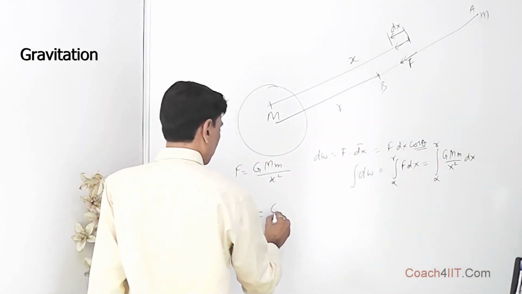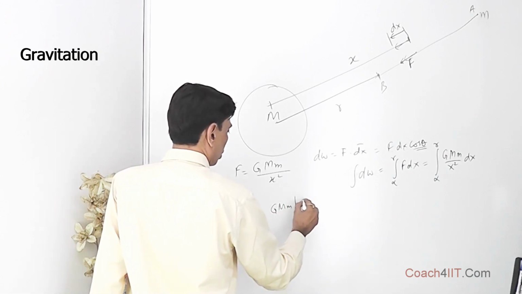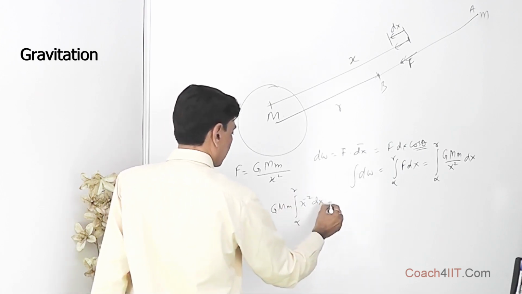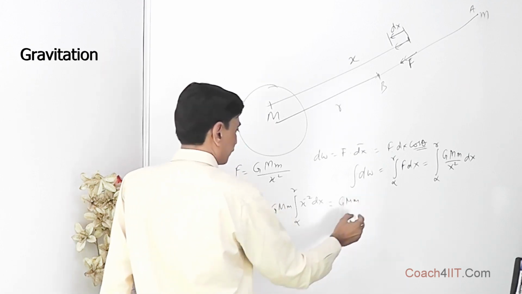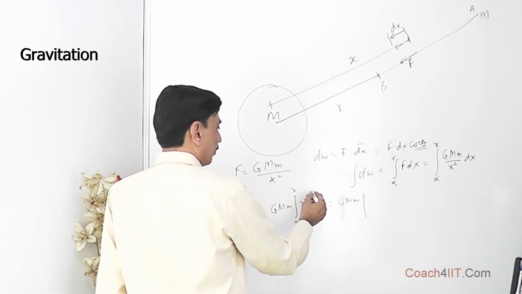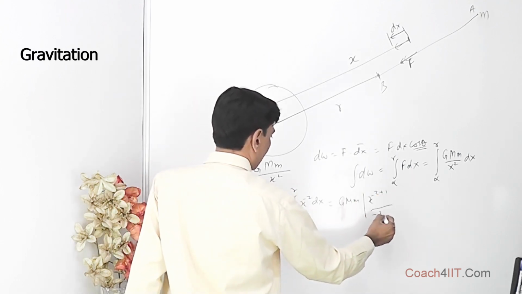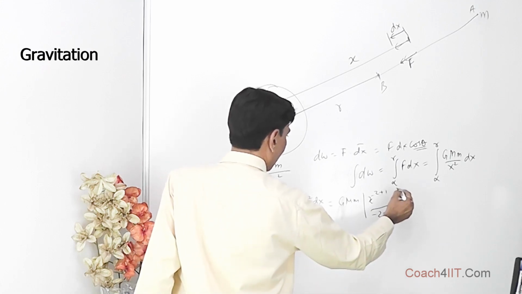GMm is constant, so this comes out to be x raised to minus 2 dx from infinity to r. So this comes out to be GMm, increase the power by 1, that is x raised to minus 2 plus 1, and the increased power comes in the denominator. The limits are infinity to r.